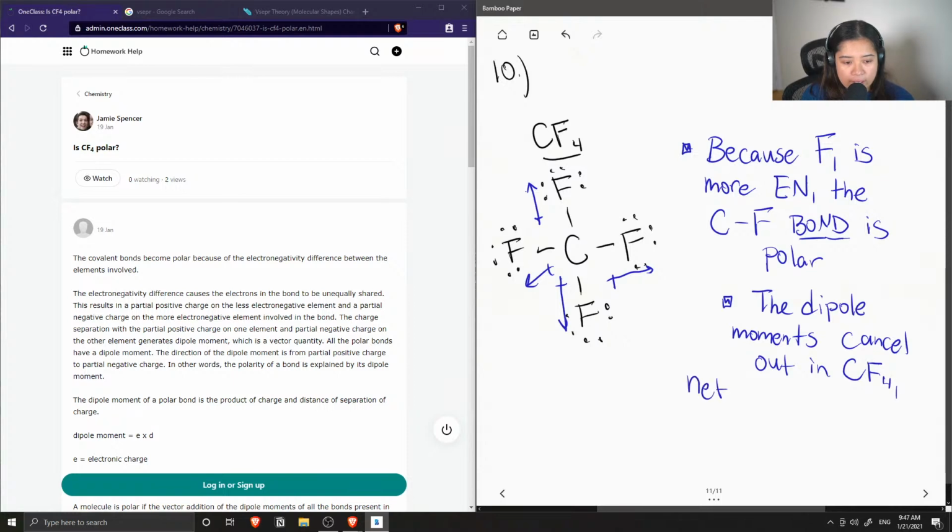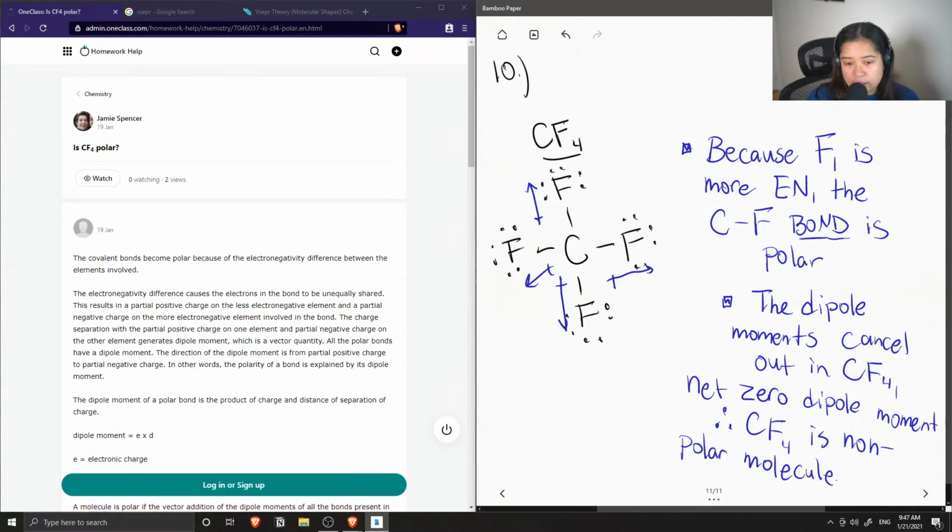And we have a net zero dipole moment as a whole. So therefore, CF4 is a nonpolar molecule. So even though it contains polar bonds, because of the overall net zero dipole moment, the molecule is nonpolar.